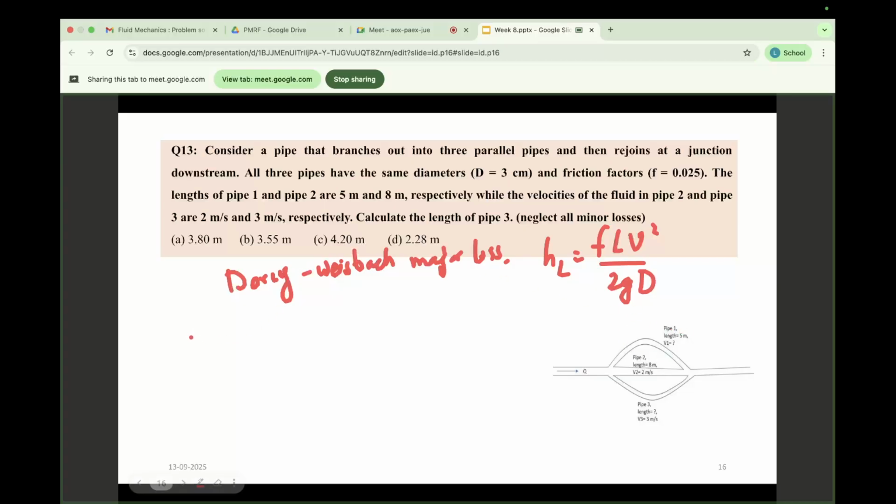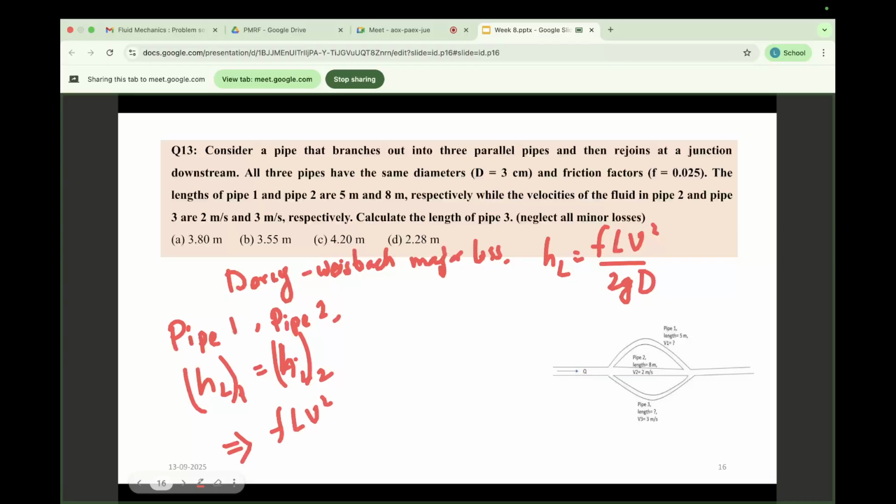If I take pipe 1 and pipe 2, whatever be the HL in pipe 1 and HL in pipe 2, that should be equal. So I can write f1 L1 V1 square by 2 g D1 equals f2 L2 V2 square by 2 g D2.